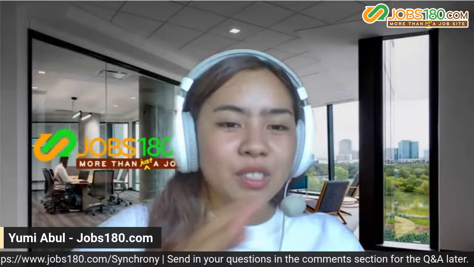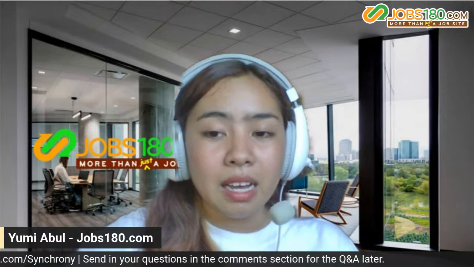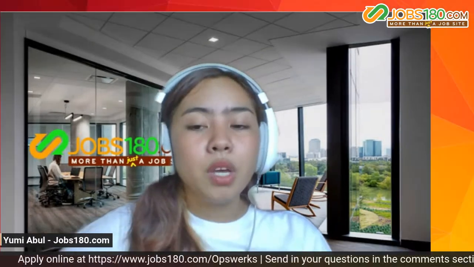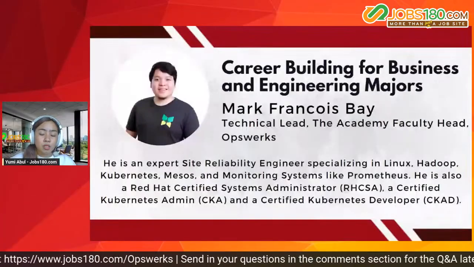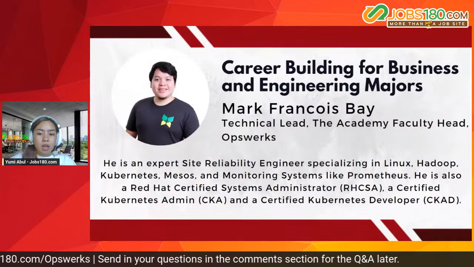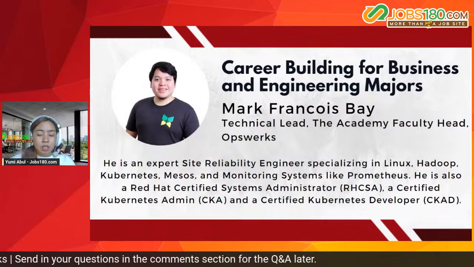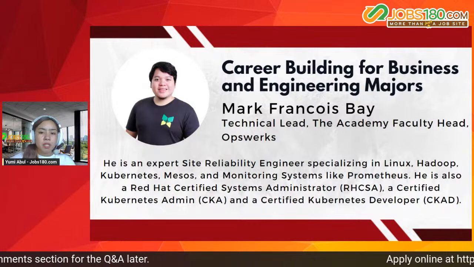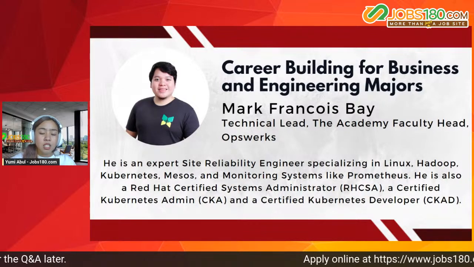Students, now we have learned how to apply for jobs using our resume link, and we also know which important skills to develop. So we are on to our last two speakers, where we will learn how to build our careers for business and engineering majors. Our third speaker will be discussing career building for business and engineering majors.